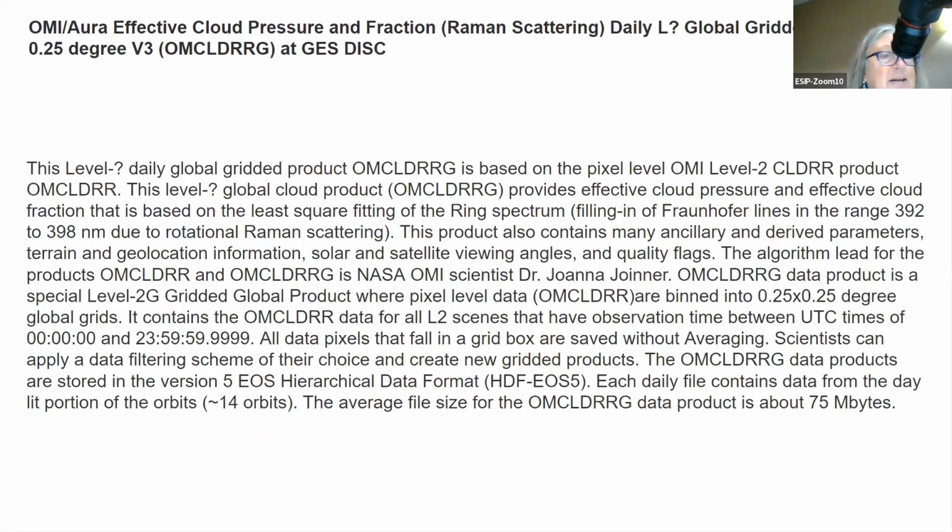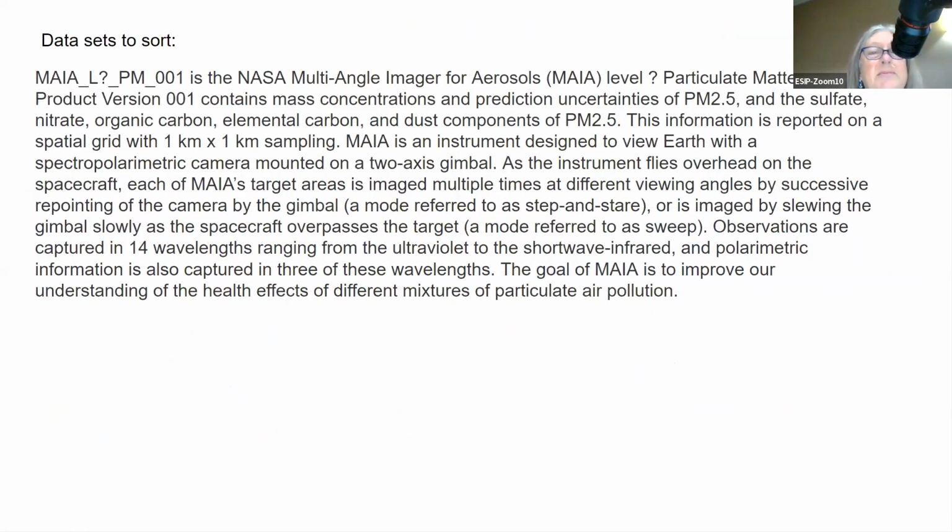I just pulled some abstracts out of Earth Data Search for a few different data sets, and I put question marks in here for what level they actually proclaimed themselves to be. I wanted us to start by looking at these abstracts and saying, would you know what processing level to assign to this one?